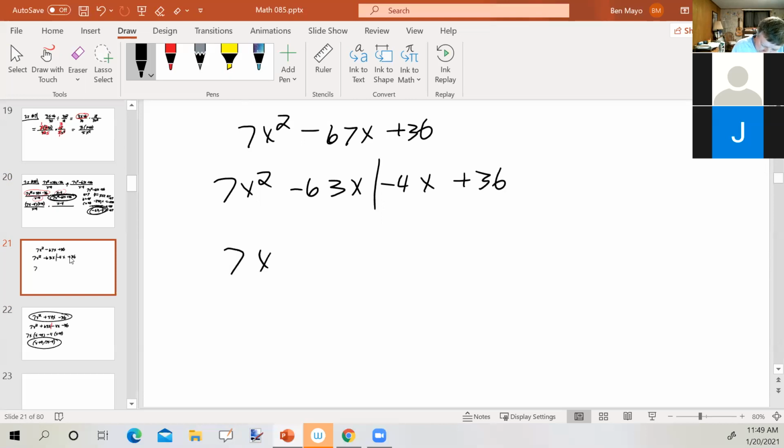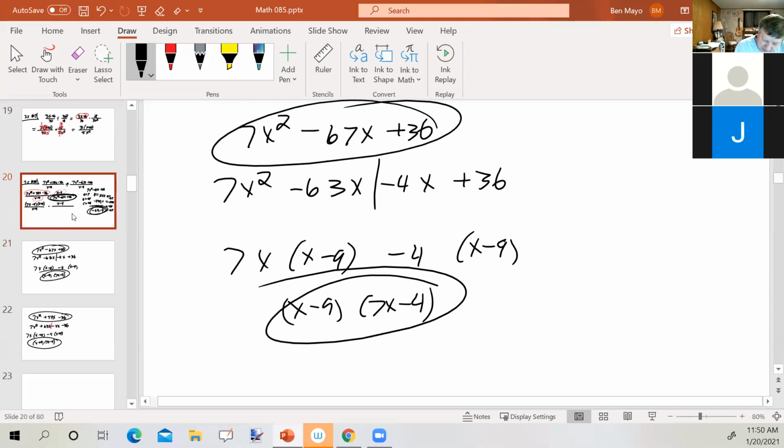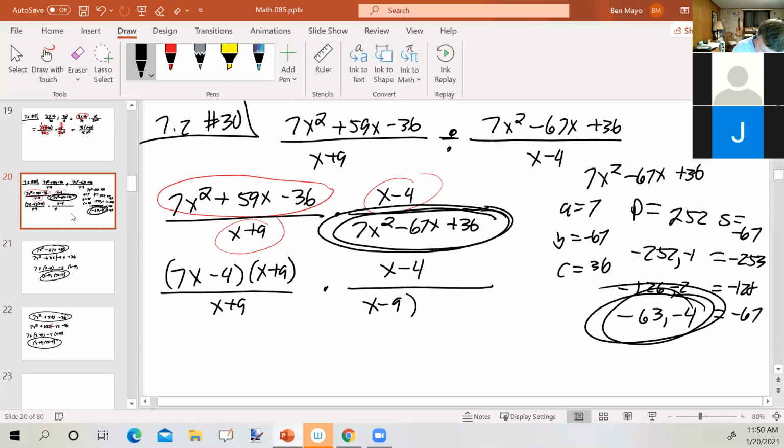Split it up, 7x(x minus 9), minus 4(x minus 9), (x minus 9)(7x minus 4). That's going to go in the place of that, back up there. So (x minus 9)(7x minus 4). Okay?